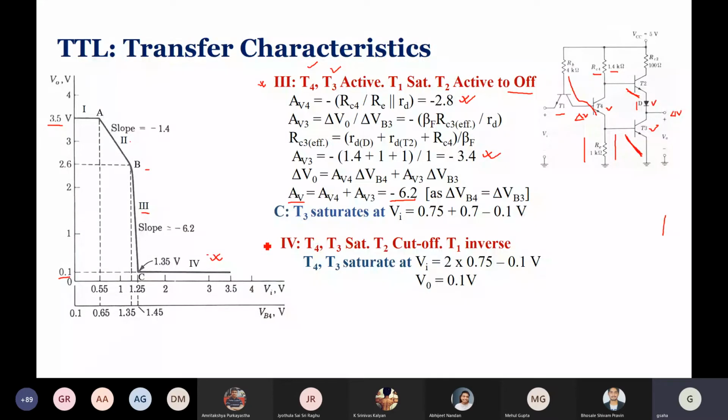Sir, in region 4, how is VI calculated? Can you explain again? In region 4? Yes, sir.